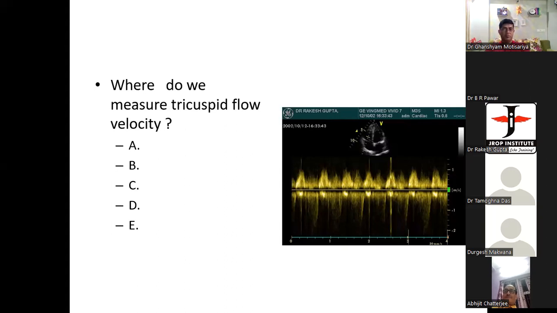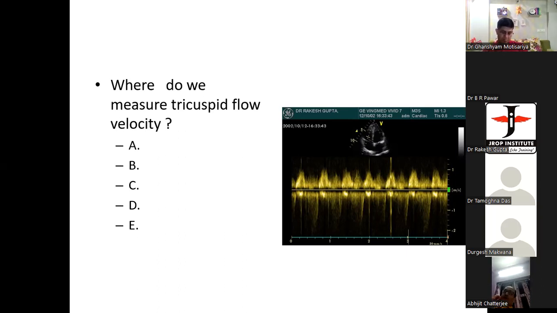If we tilt the probe towards the mediastinum, toward the RV, that is the RVRA inflow view. That is the first window. Next, the apical four chamber view.